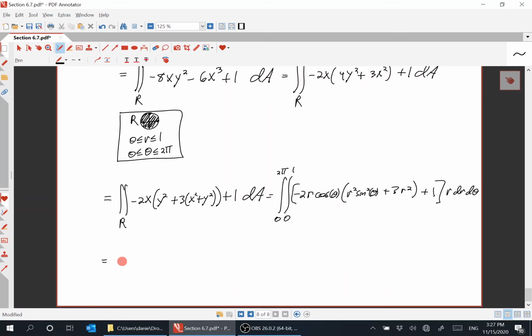Right, so this is equal to the double integral, 0 to 1 for r, 0 to 2 pi for theta, multiplying through by r, minus 2r squared cosine of theta, times r squared sine squared theta plus 3r squared plus r, dr d theta.